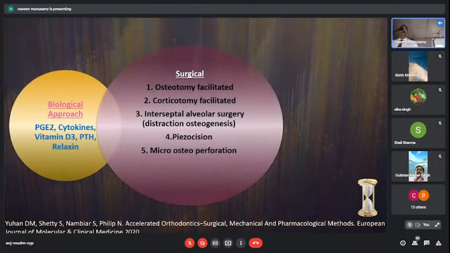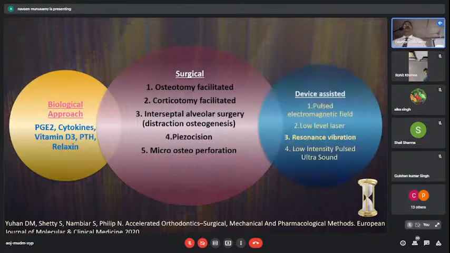And third, nowadays various devices are also coming through which we apply an external stimulus onto the tooth movement area, like application of electromagnetic field or low-level lasers, resonant vibrations, low-intensity pulsed ultrasound. I will not be discussing all these things. I will be discussing only the most popular and prevalent methods which are presently being used for accelerating orthodontic tooth movement.